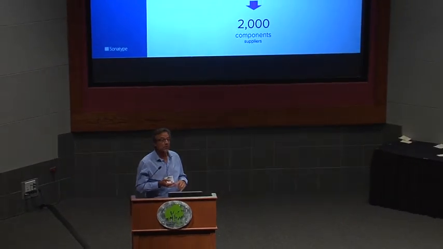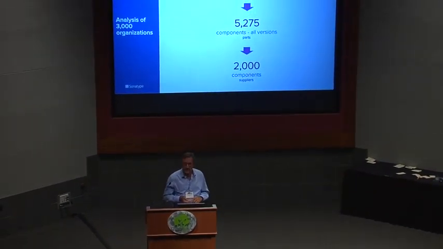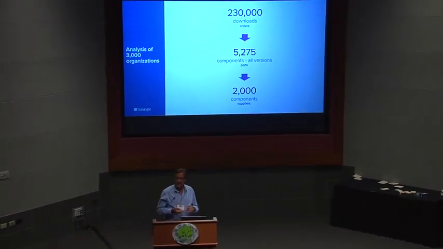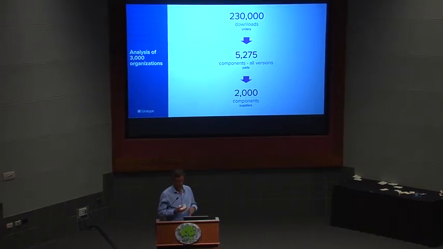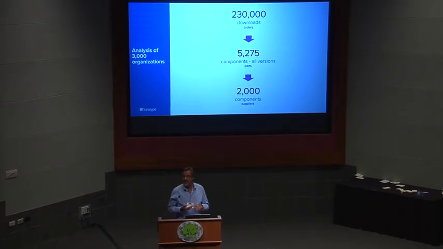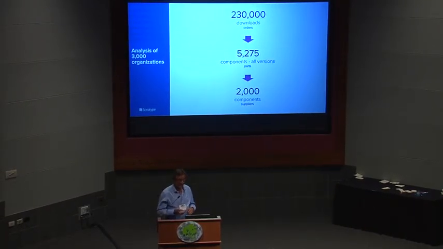Now, 31 billion, you might say, who cares about 31 billion downloads? Let's focus on, with our report, what we were able to do is give an average per organization. Over the 3,000 organizations, the average organization downloads almost 250,000 components per year, about 5,200 unique components from 2,000 suppliers.